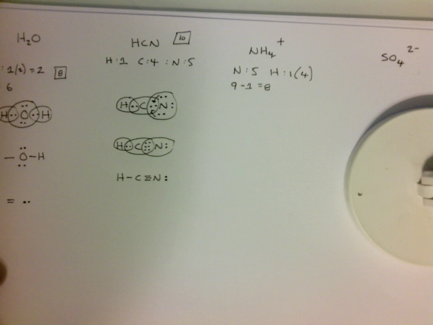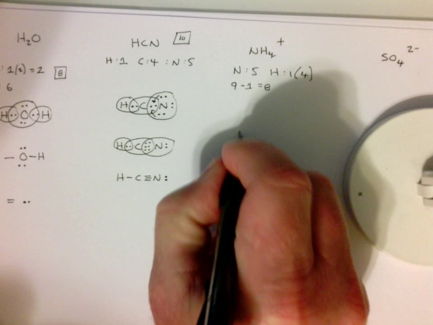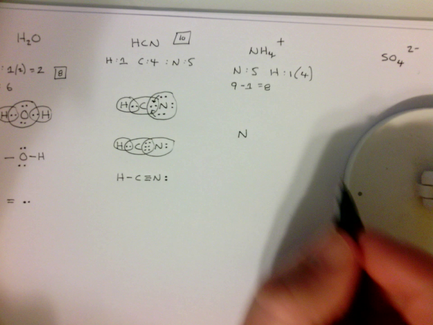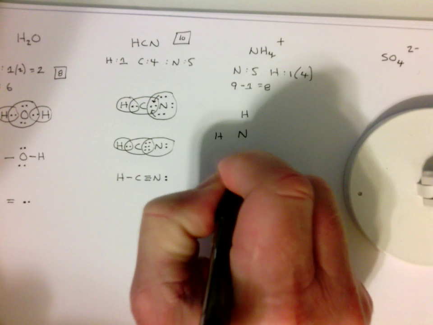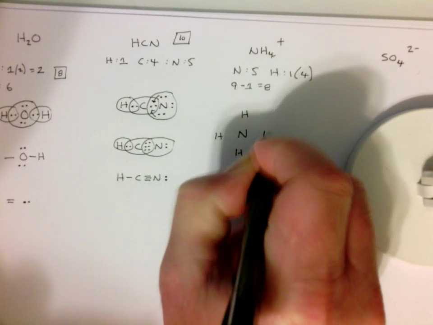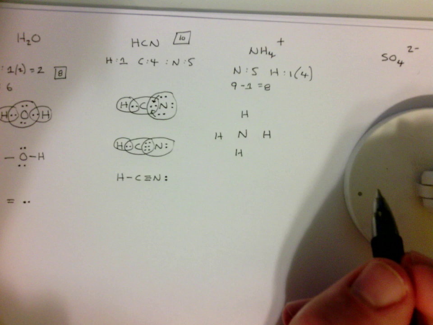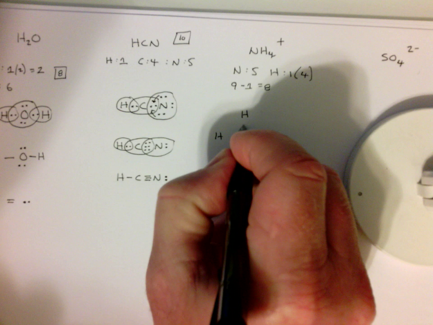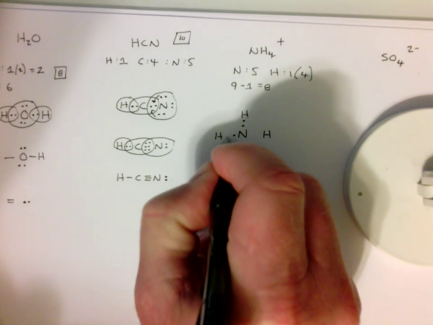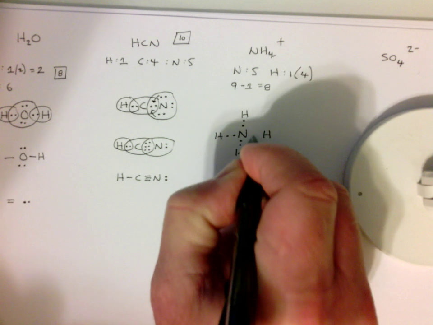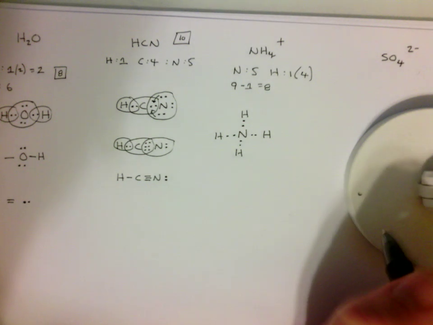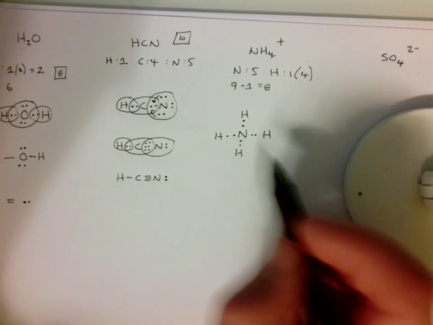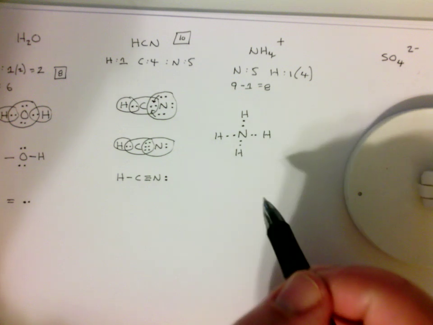So again, placing our least electronegative element in the center, nitrogen, we're going to place a hydrogen on each side, and we are going to bond all 4 of the hydrogens to the nitrogen. Notice we've used all 8 of our valence electrons, 2, 4, 6, 8.